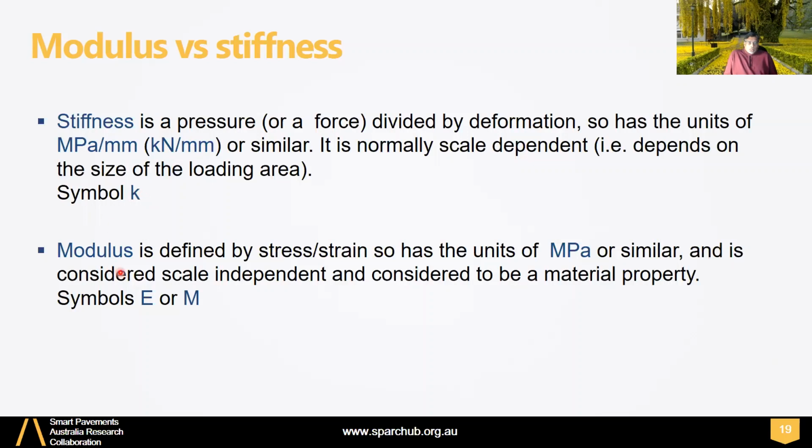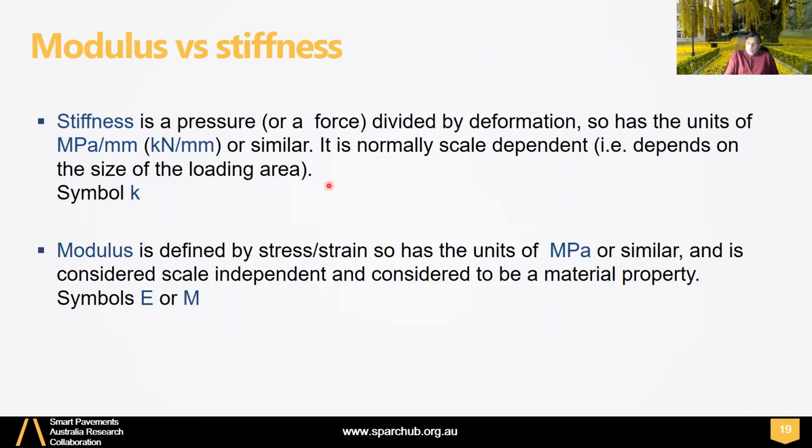But modulus, on the other hand, is a soil property, and it is defined by stress divided by strain. Therefore, it has units of megapascals or similar pressure units, and it is scale independent, right? So typically, when you perform a stiffness test in the field, it looks at the soil sampled area, how much is stressed, and using some back analysis technique, it determines the soil modulus.